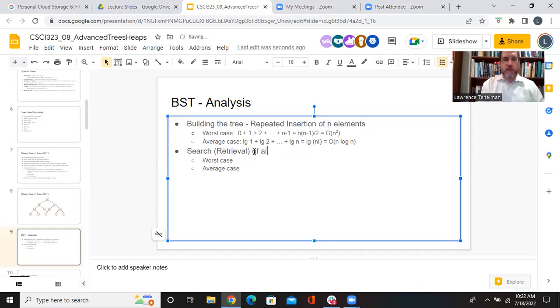And here we're just going to focus on a single element. So what's the worst case? I have to go all the way down to the bottom, right? So that's going to be O of n. So we'll say n minus 1 comparisons, for O of n. And what about the average case?